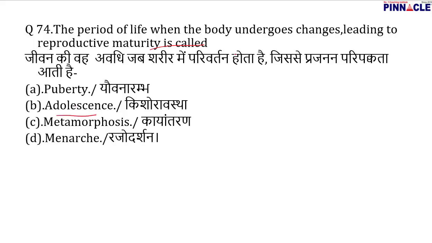It begins around 11 years and lasts till 18 or 19 years. Since the teenage period also coincides with that time, those kids who are in this period are said to be teenagers as well. So for question number 74, B, adolescence is the correct option.